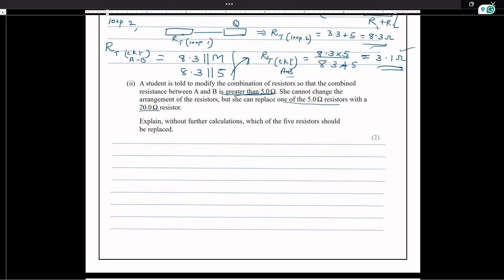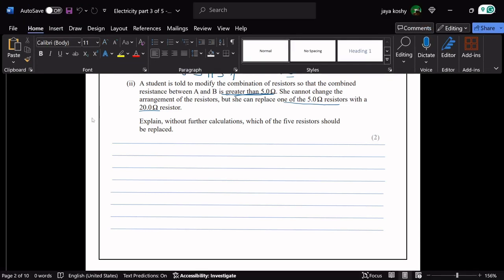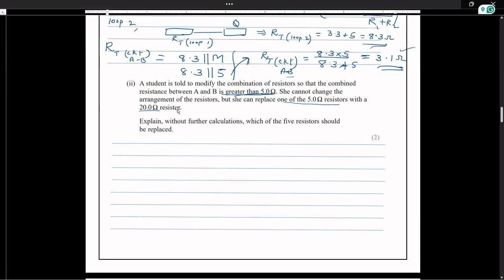So we know that the total resistance of a parallel combination is less than even the smallest individual resistor value. Total resistance is less than the individual resistors. So if we replace any 5 ohm resistor by 20 ohm in the inner loops 1 or 2, the total resistance of the loops will decrease further, because in a parallel combination the total value is decreasing.